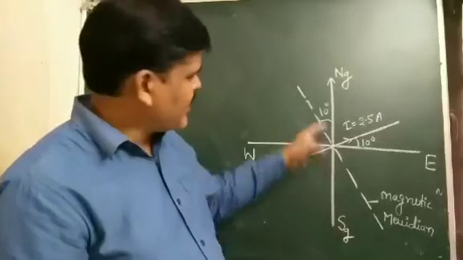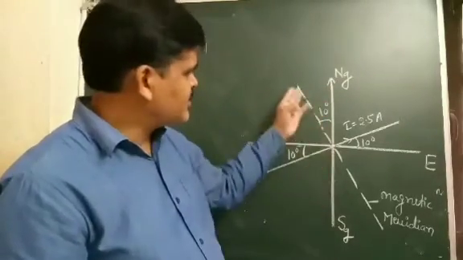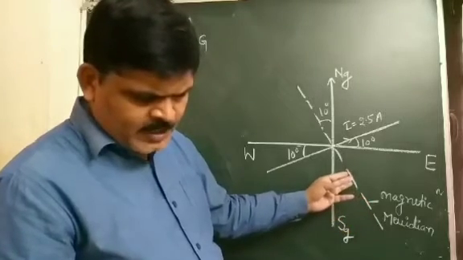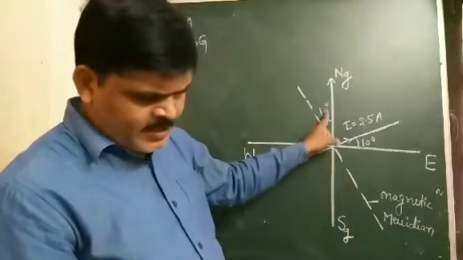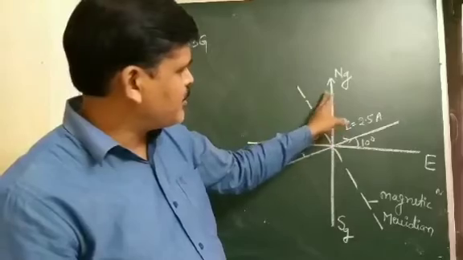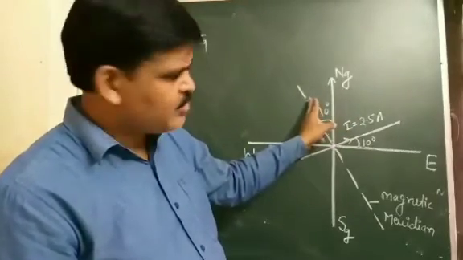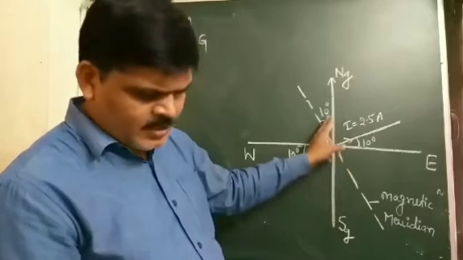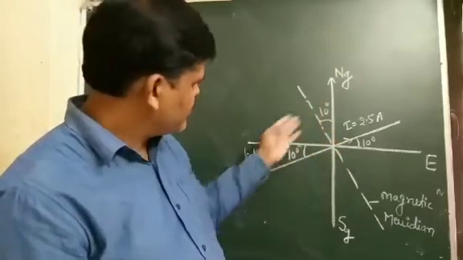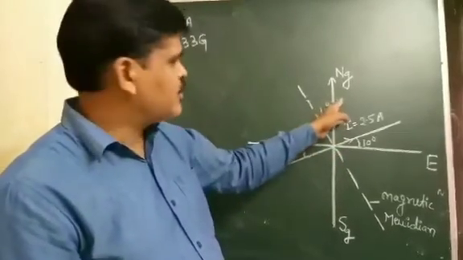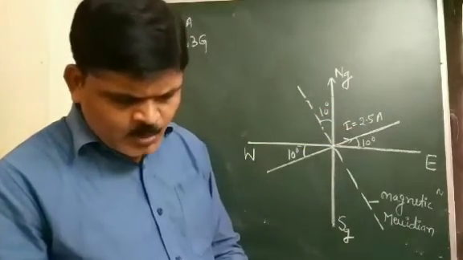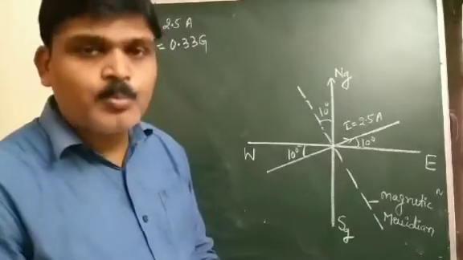And this is the magnetic meridian of the place, which is 10 degrees west of the geographical meridian. And we have to locate the line of neutral points.